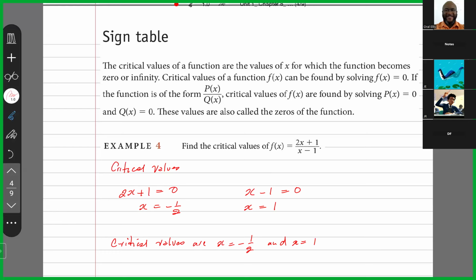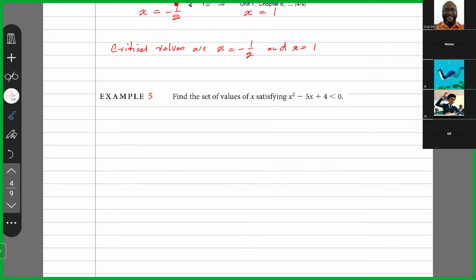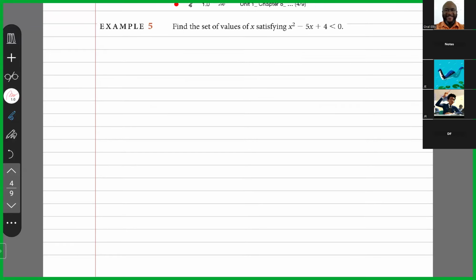All right. Now let us look at how we're going to use the idea of the critical value and the sign table to solve inequalities. Example 5 says, find the set of values of x satisfying x squared minus 5x plus 4 is less than 0.